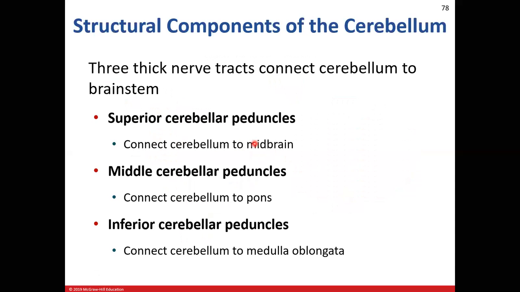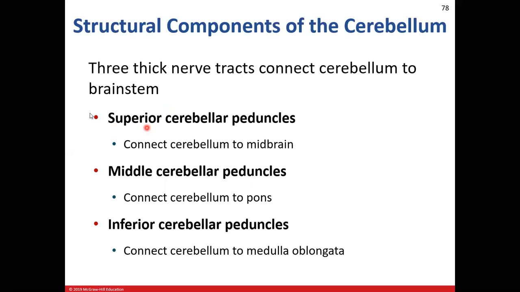So what are some of the structural components of that cerebellum? Well, within the cerebellum, we have three thick nerve tracts that help to connect the cerebellum to the brainstem, because we obviously have to have some sort of connection so that we're able to communicate cerebellum to the rest of the brain. And you'll notice that we have what we call cerebellar peduncles.